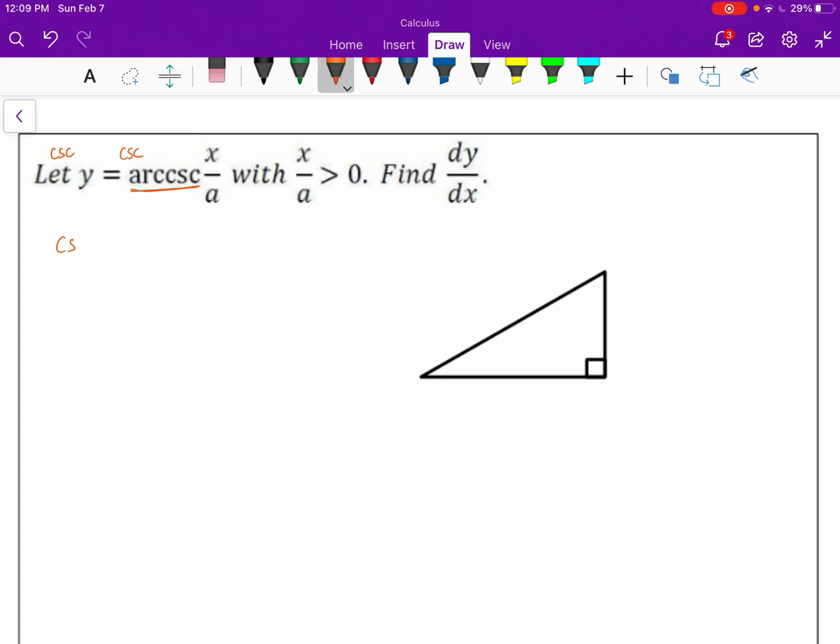So we have cosecant y equals x over a. We're going to differentiate soon. We're probably going to need to know the 3 sides of the triangle, so we'll go ahead and do this. Cosecant, remember, is hypotenuse over opposite, so x is the hypotenuse, and a is the opposite.